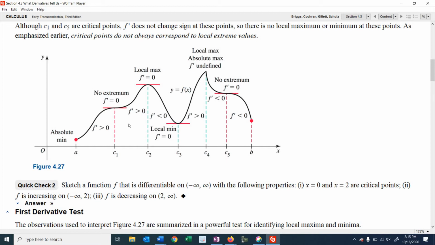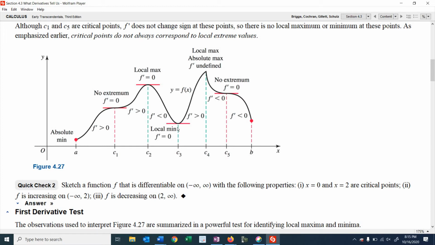Now let's look at this critical point. Notice here that the function's increasing to the left of the critical point, and it's decreasing to the right. In other words, the derivative is positive on the left and then negative on the right. So if you increase and then decrease as you pass through that critical point, then you have a local maximum there.